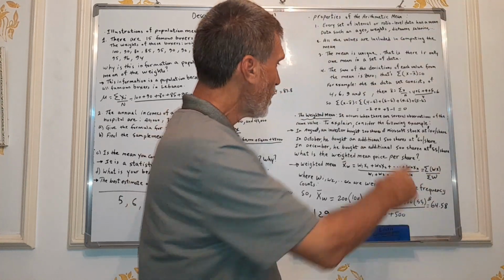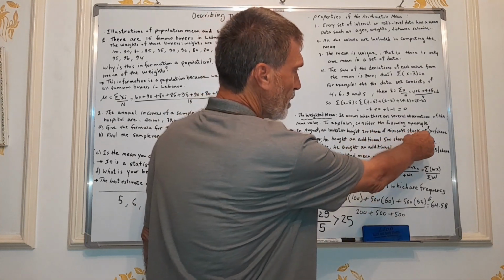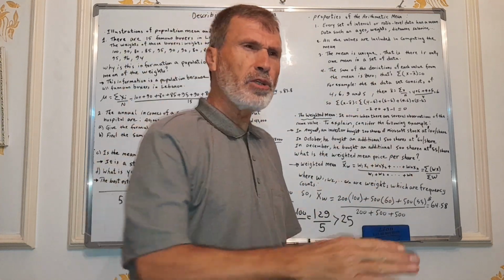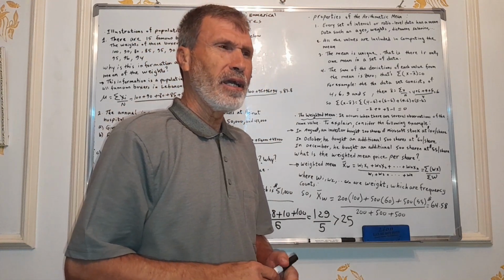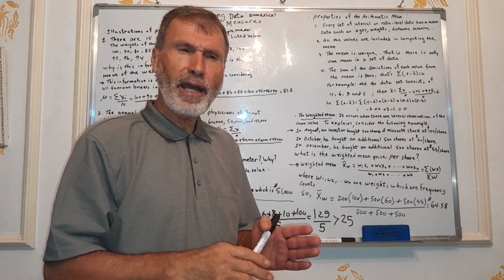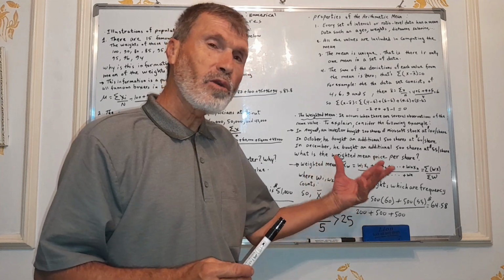It's going to be very, very long. Then 200 at 100: 100 plus 100 plus 100. It's a lengthy way to calculate the mean.